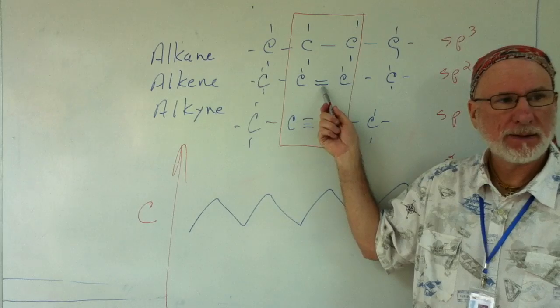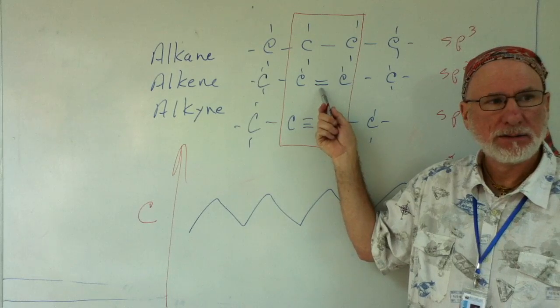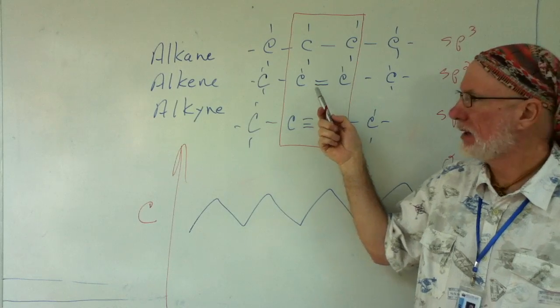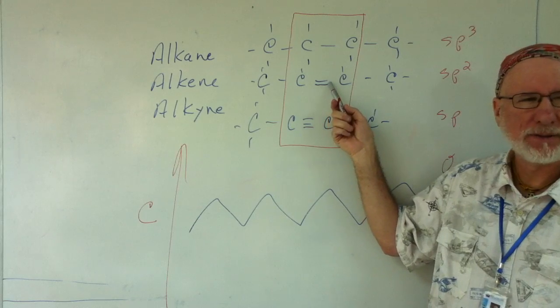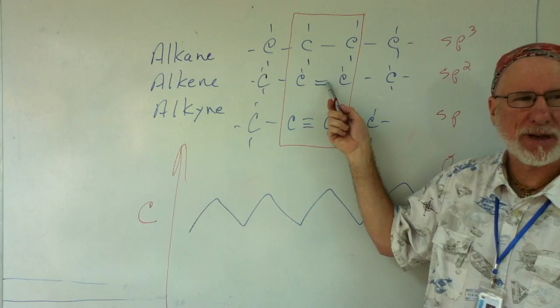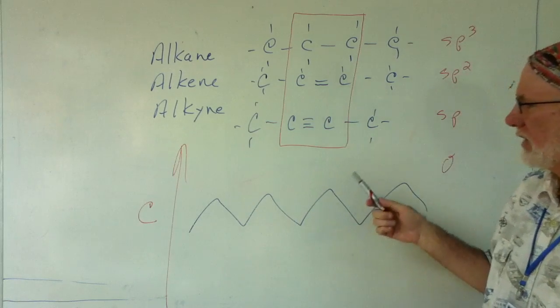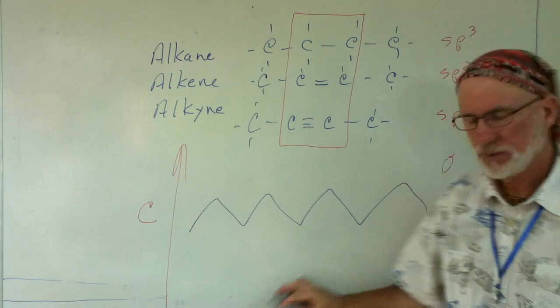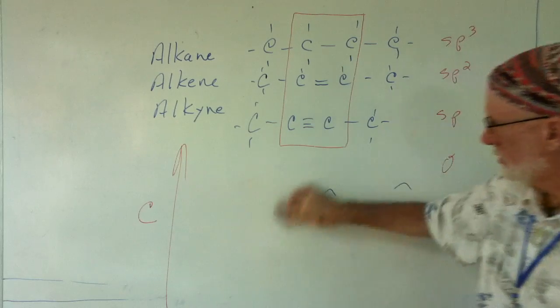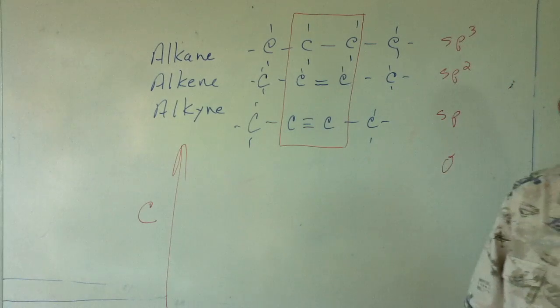Okay. So now what happens when you form an alkene? You have a double bond here. It's a little weird, isn't it? What's that double bond for? How do you get a double bond with this kind of hybridization that I showed you? So what happens is this now. You ready?